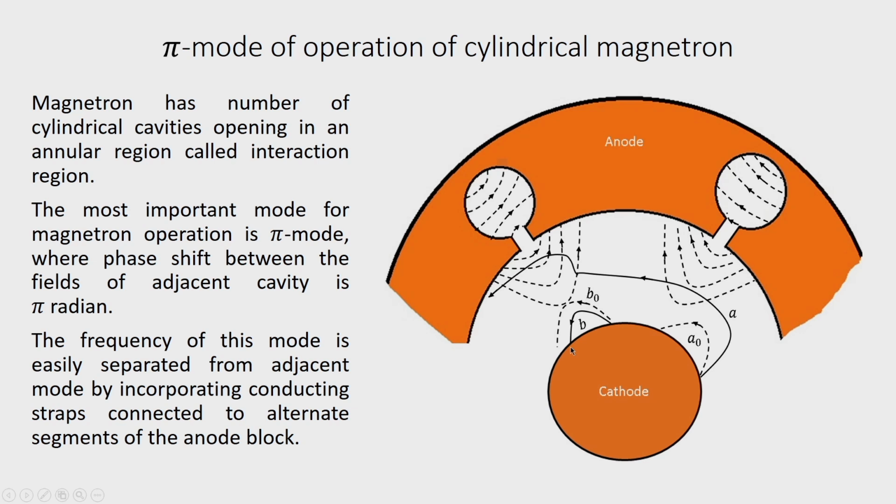In that process, this electron following trajectory B, instead of delivering energy to the field, will extract energy from the field.